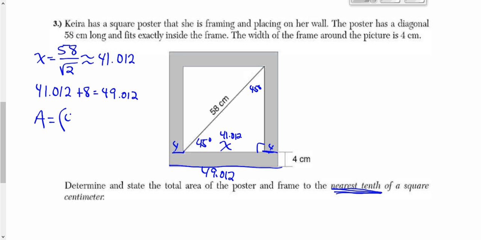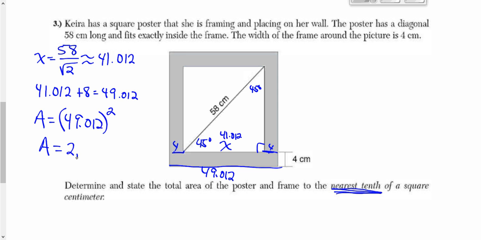Okay, you mean do this? Is that what you mean? All right, do it. What is the area of that picture, the poster and the frame together? What's the area? 2,402.176.